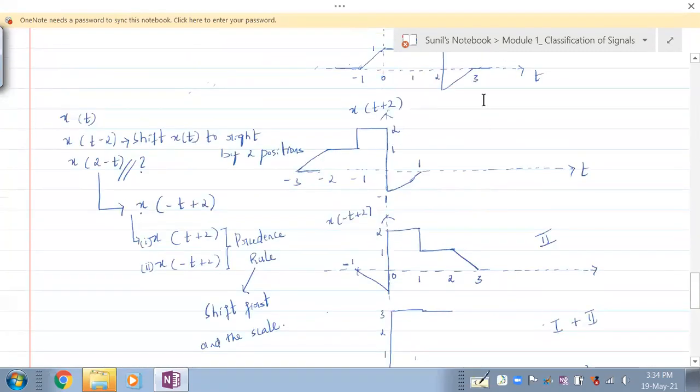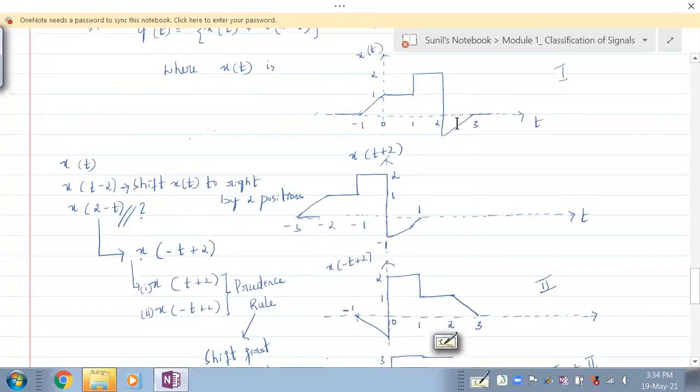From 2 to 3, what's happening? Again, from 2 to 3 there is one signal. Understand that? And what's happening with that signal here? See, you have -1 here and you have +1 here. So -1 and +1 will be 0. And what is in between? If at 2 you have -1, at 2.5 what do you have?